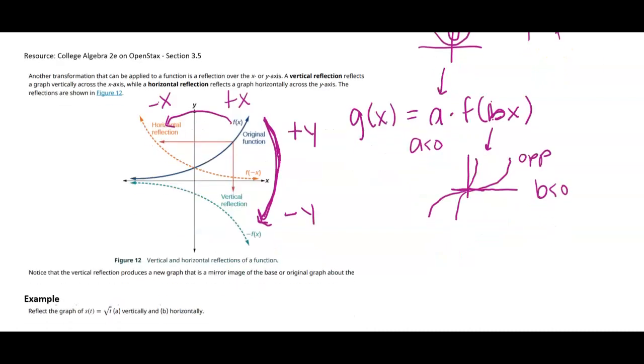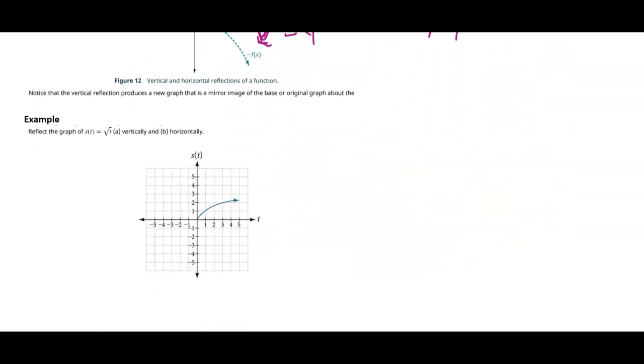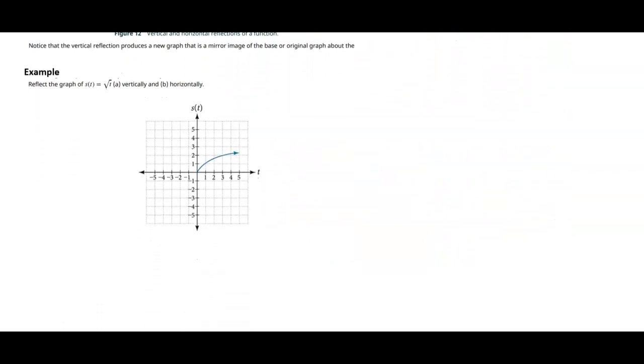So let's go ahead and look at how to do this with the square root function. A couple key points on the square root function: (0, 0), (1, 1), and then it should go through (4, 2). It looks like it's off just a little bit, but it should go through (4, 2).